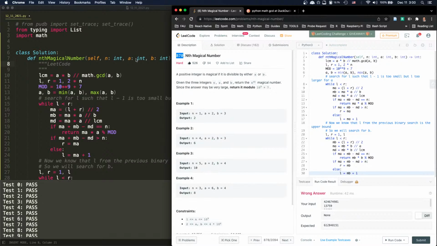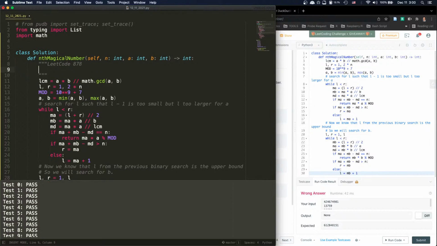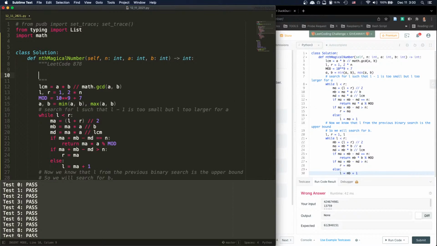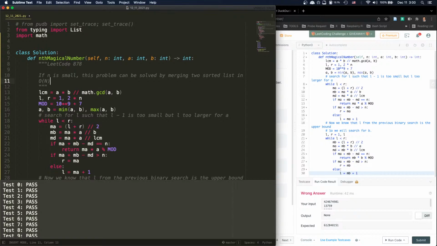So since if n is small, right, this problem can be solved by merging two sorted lists in O(n).